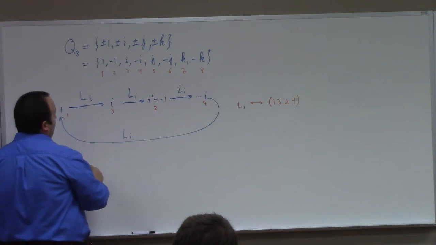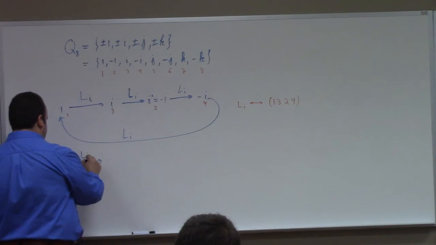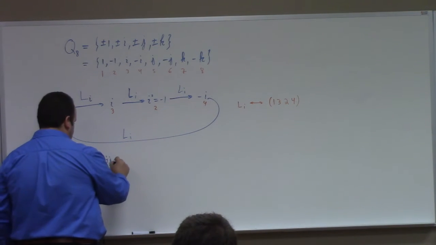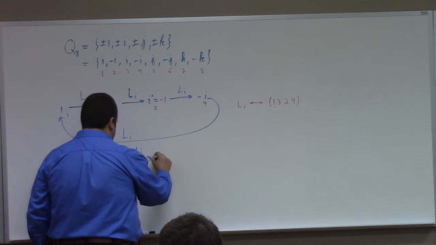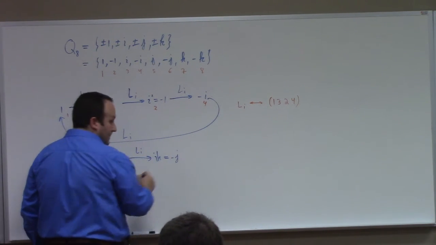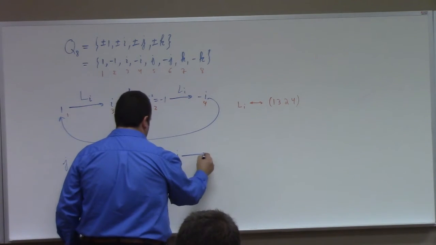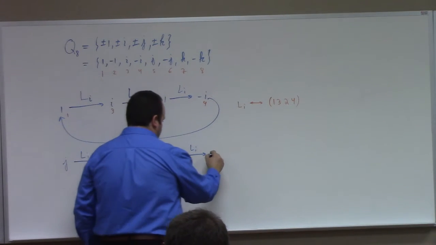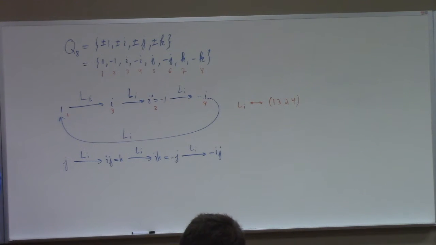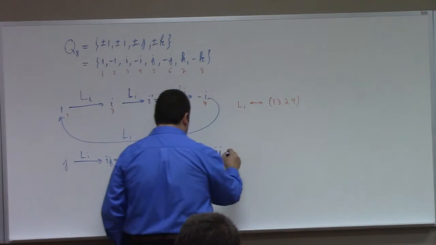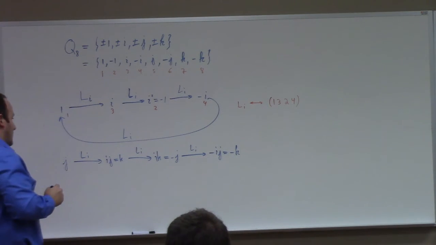So L sub I can start with J. If we act L sub I on J, we get IJ, also known as K. And if we act with L sub I again, we get IK, also known as minus J. Then if we act by L sub I again, that gives us minus IJ, which is minus K. And then it goes back to J again.